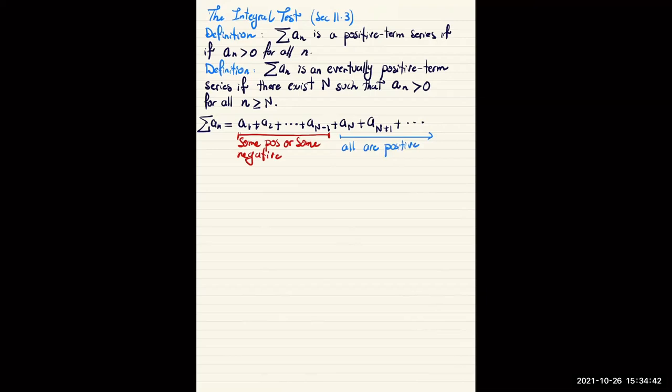Now, the book, when they write the theorems out, they say assume all terms are positive. They say assume the series is a positive term series, which is such a strong condition.